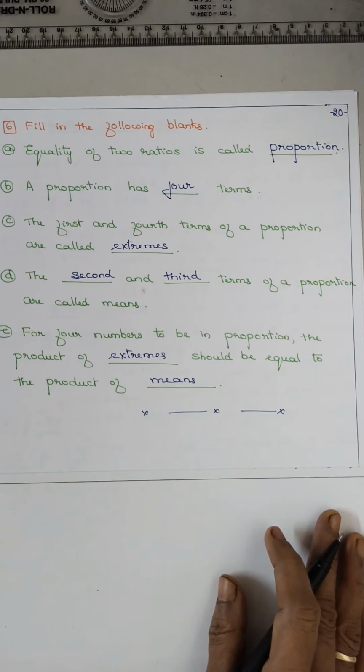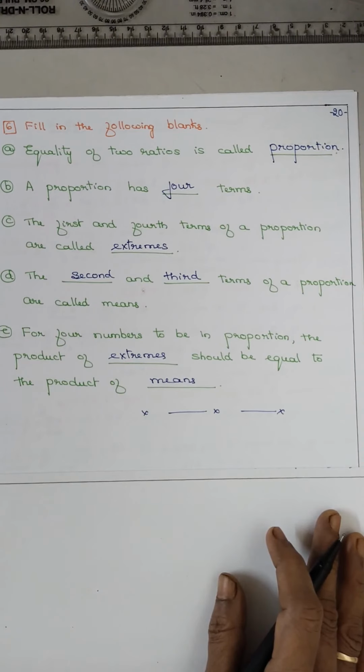So what is proportion? Two ratios are there, both the ratios are equal. Then we say the four numbers are in proportion. First and the last terms are called the extremes. Second and the third, they are called the means. For the numbers to be in proportion, the product of extremes should be equal to the product of means.